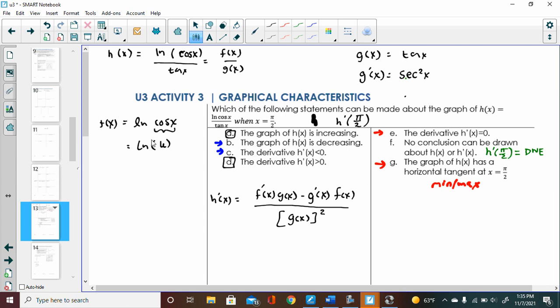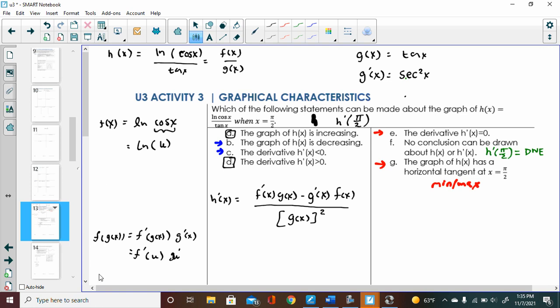And I know with the chain rule, if we remember the chain rule, it's f prime of g of x times g prime of x. And I know it gets confusing, so we're going to replace this with our u and u prime.